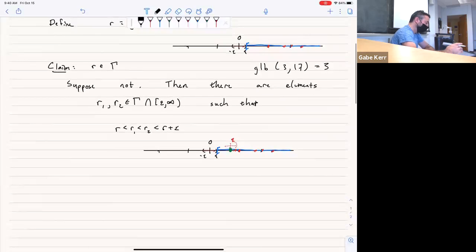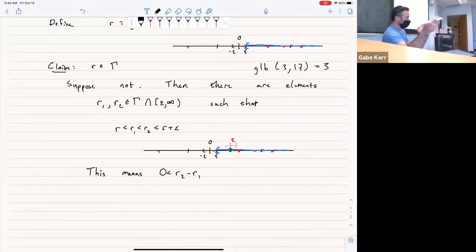So why do I want at least 2 points? This means I can take R2 minus R1. Since R1 is less than R2, this is strictly greater than 0.